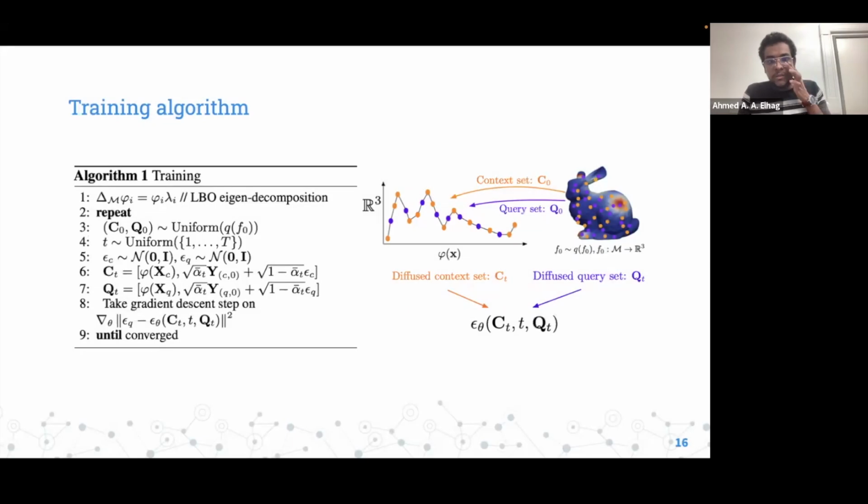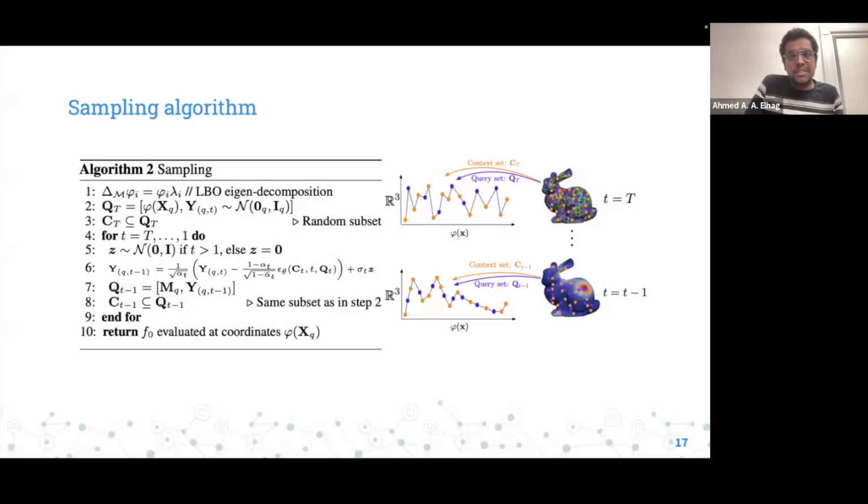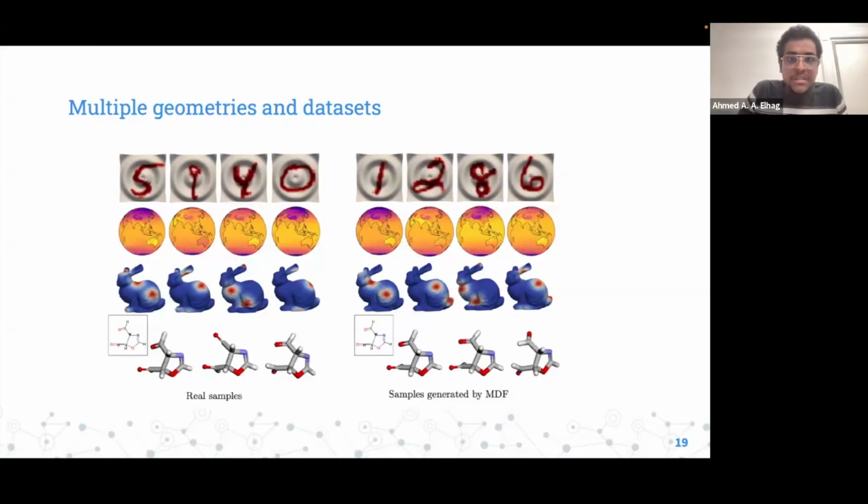So returning to the training algorithm, you have a context set and a query set, and you have the forward process for both. In the reverse process, you denoise the query set. You are given a number of coordinates, and then you denoise the signal on those coordinates.